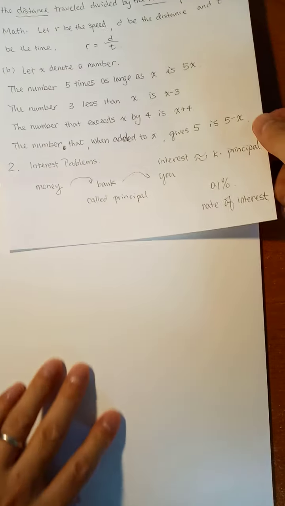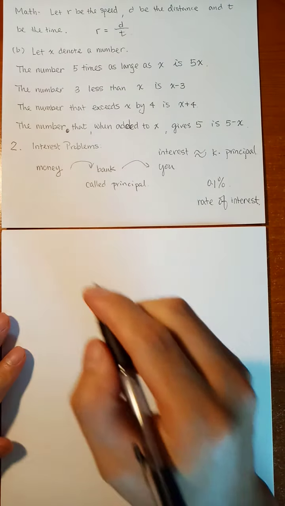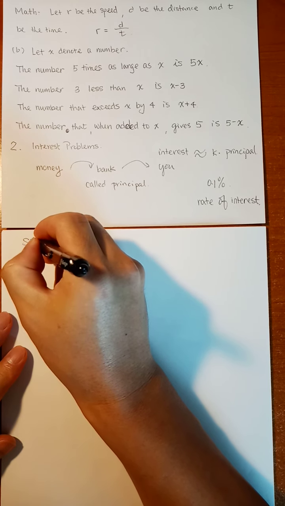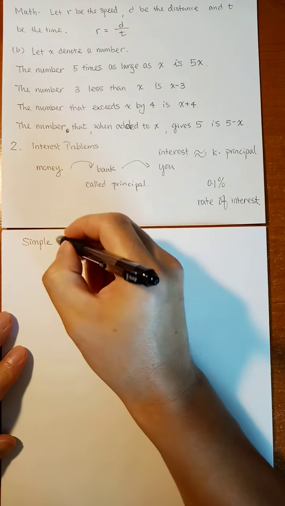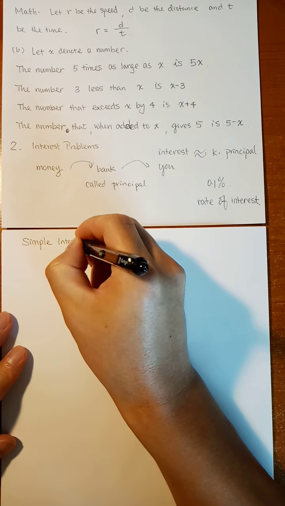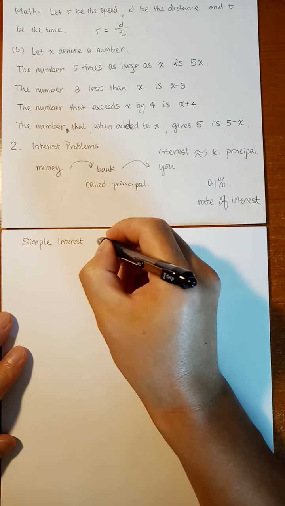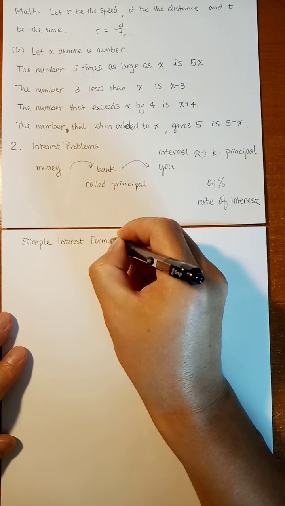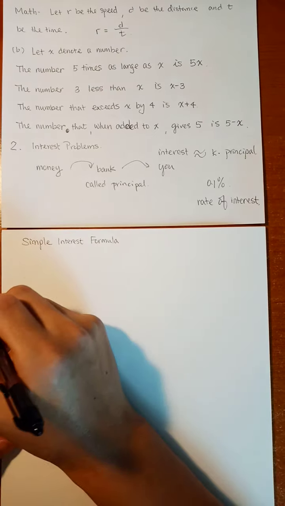Okay, so this is an interest problem. Now there is a general formula. It's called the simple interest formula. What is the simple interest formula?